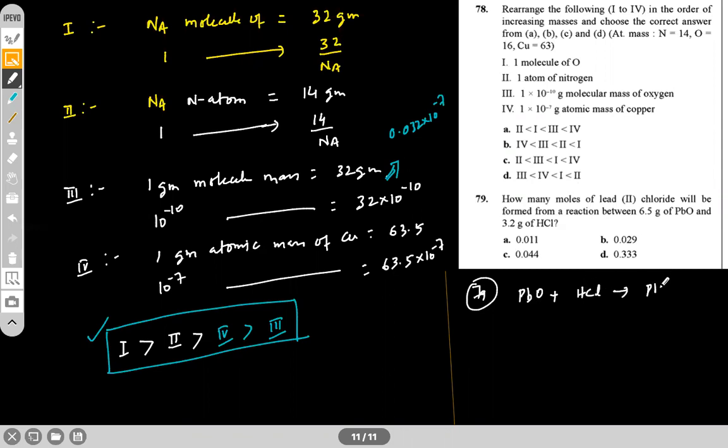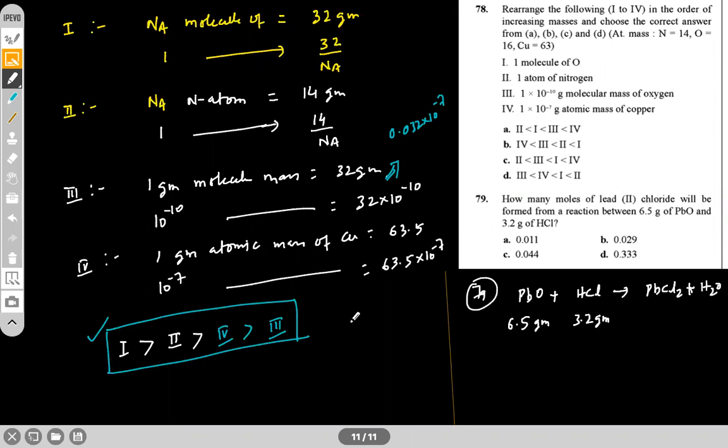It forms PbCl2 plus H2O. So PbO is 6.5 gram, HCl is 3.2 gram, and PbCl2, the number of moles we have to find out.